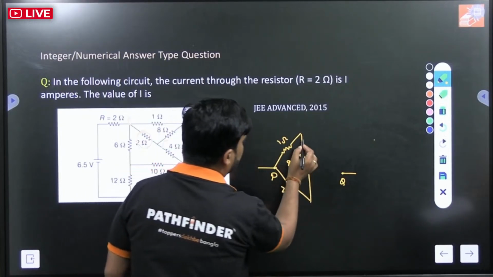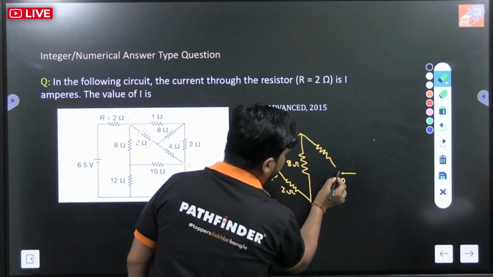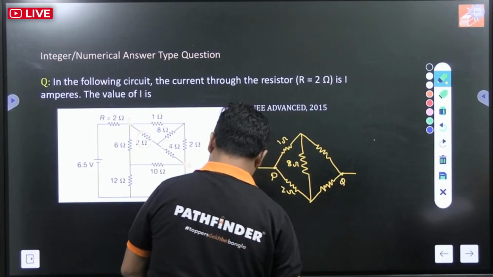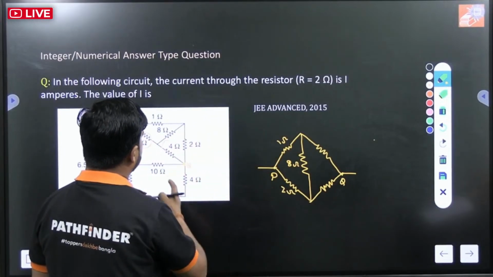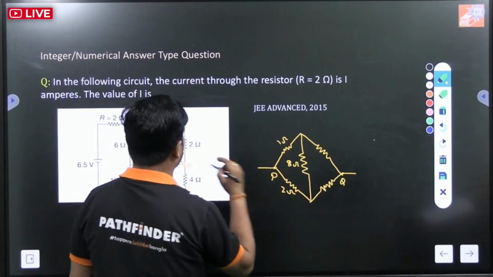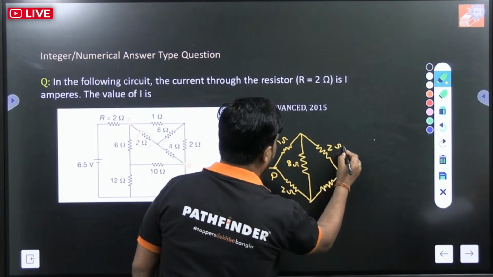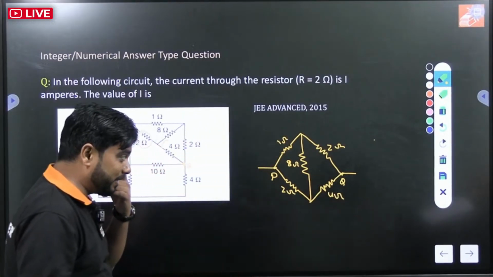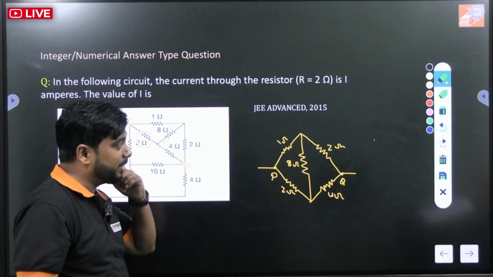And here one resistance is connected, its value is 2 ohm and its value is 4 ohm. Now, does it remind you of something?